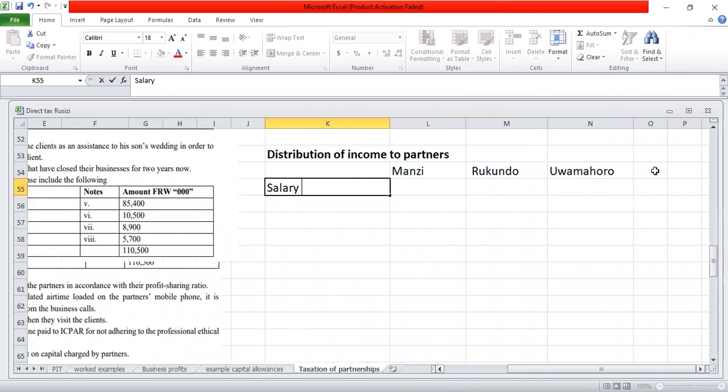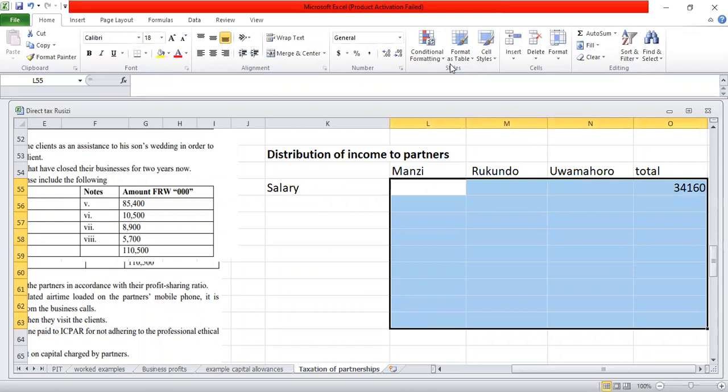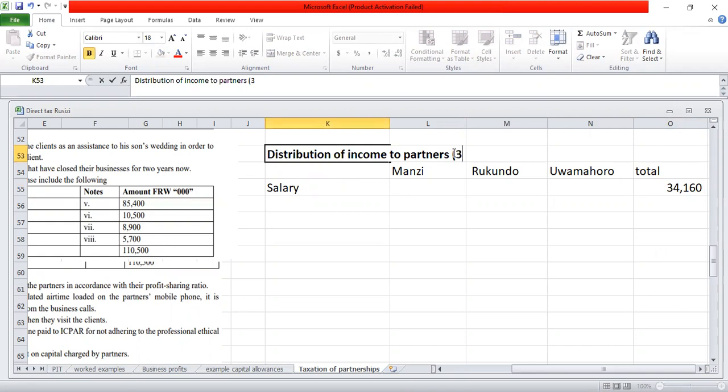40% is the salary of the partners. If I put my total here, 40% times 85,400. Now the sharing ratio is 3 to 2 to 1.